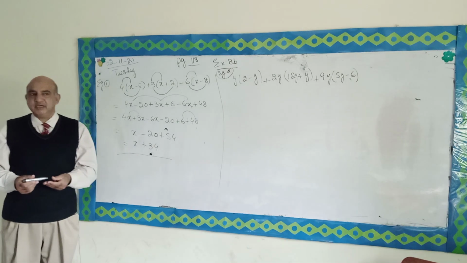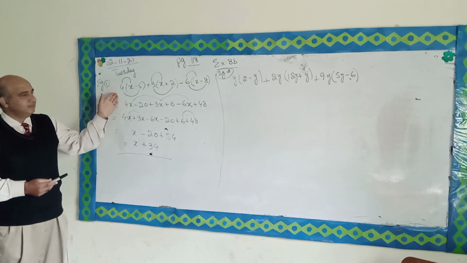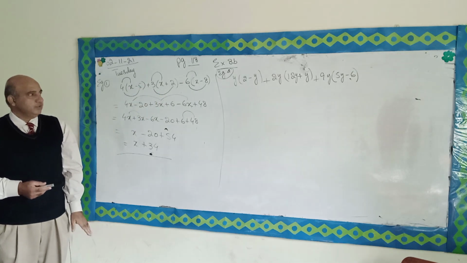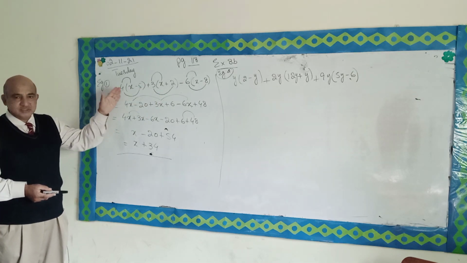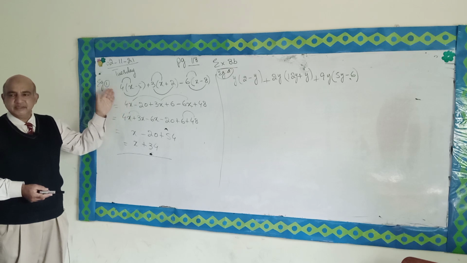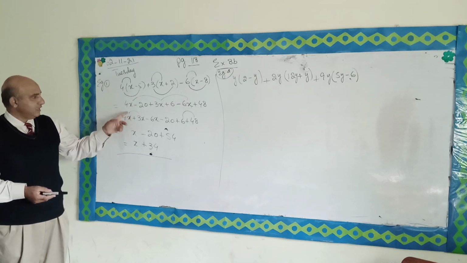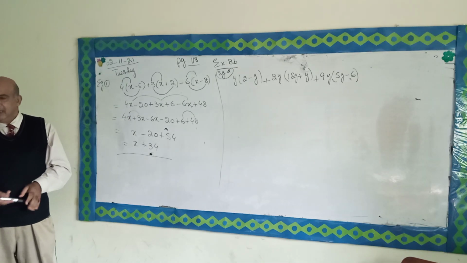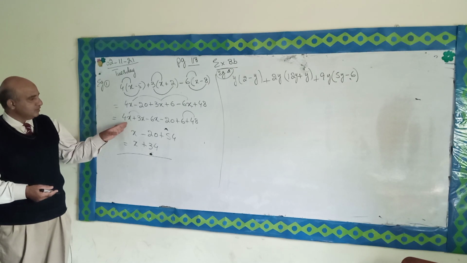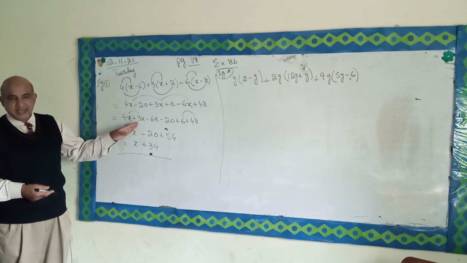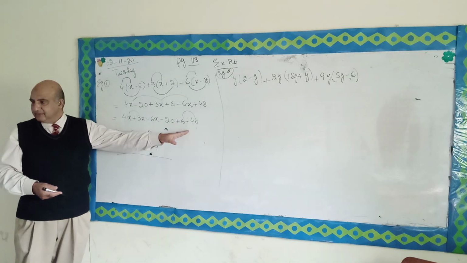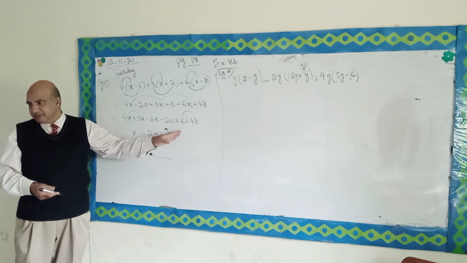In this way, what we have done is multiplied the number with the bracket. Here we have multiplied the numbers with the bracket, and numbers with the variables. This is the number, this is the variable, so we have to write it as it is. And we have added and subtracted all the variables, and added and subtracted all the numbers.